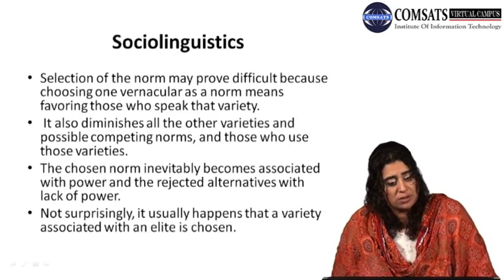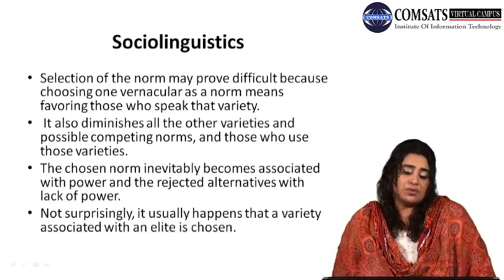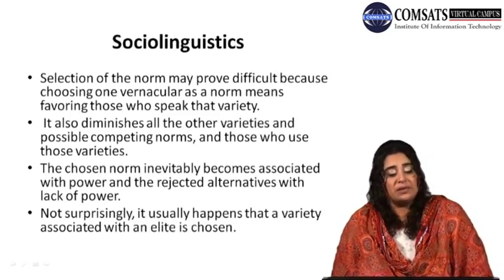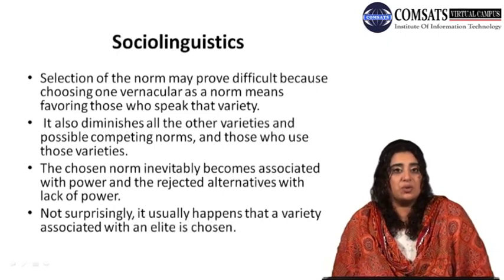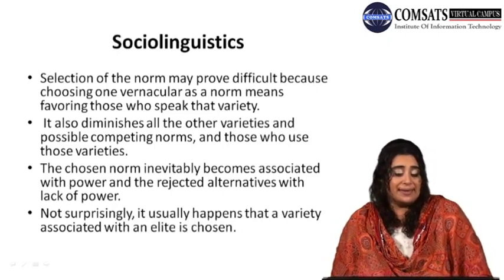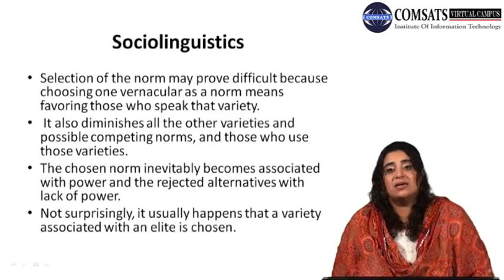It also diminishes all the other varieties and possible competing norms and those who use those varieties. So the chosen norm inevitably becomes associated with power, and the rejected alternatives with lack of power. Not surprisingly, it usually happens that a variety associated with an elite is chosen.